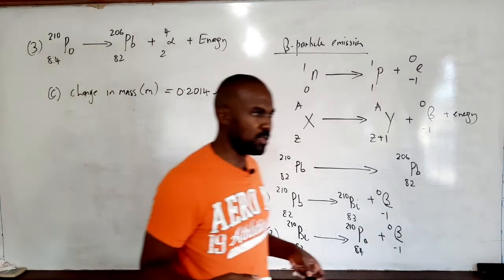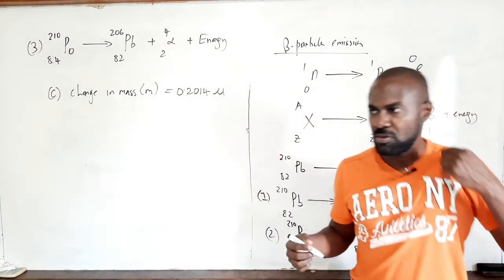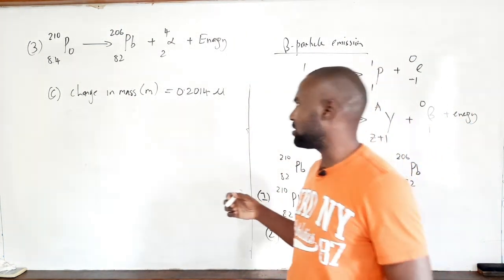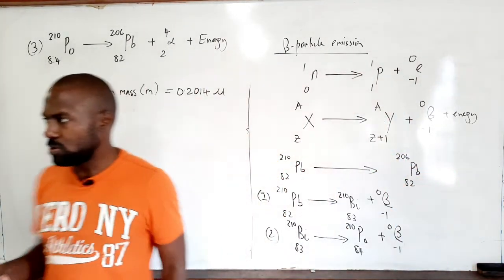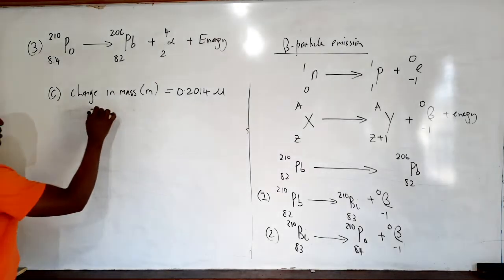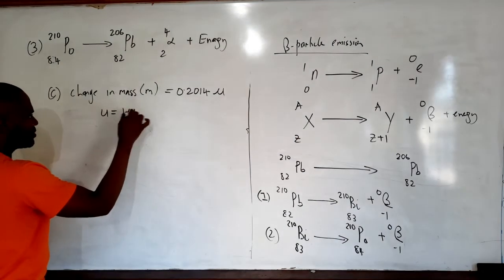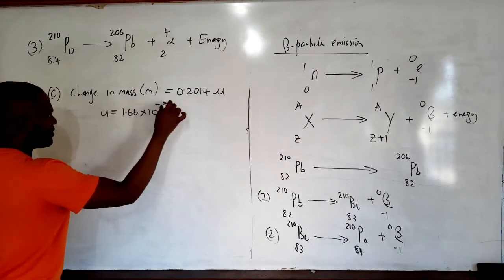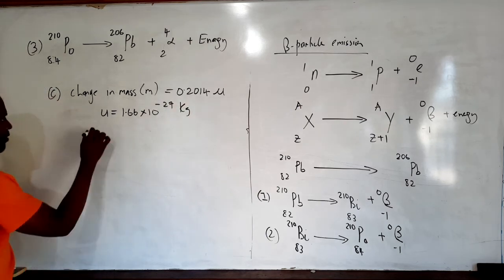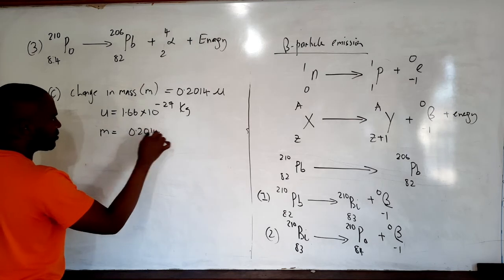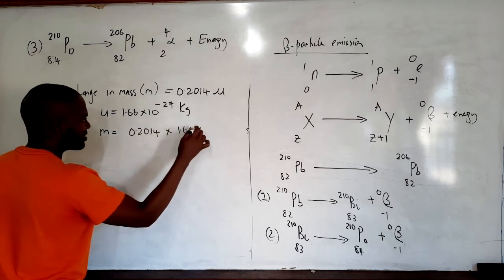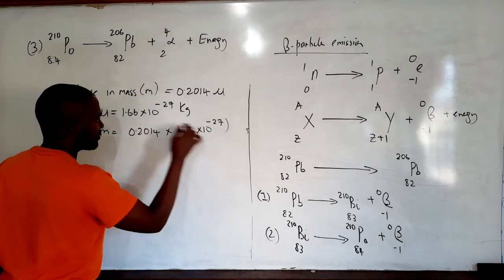But you must recall, in order to calculate the energy given off, we must use the equation E equals mc squared, but in that equation m must be in kilograms. So 1 U equals 1.66 times 10 to the minus 27 kilograms, and therefore m in kilograms is equal to 0.2014 times 1.66 times 10 to the minus 27.